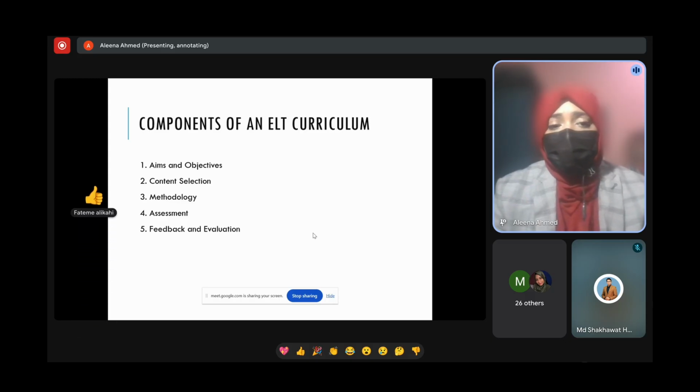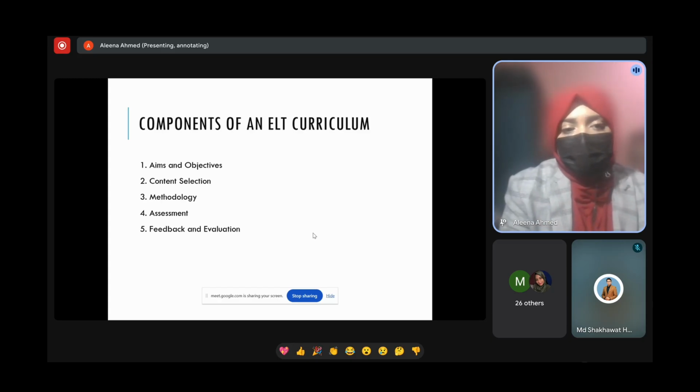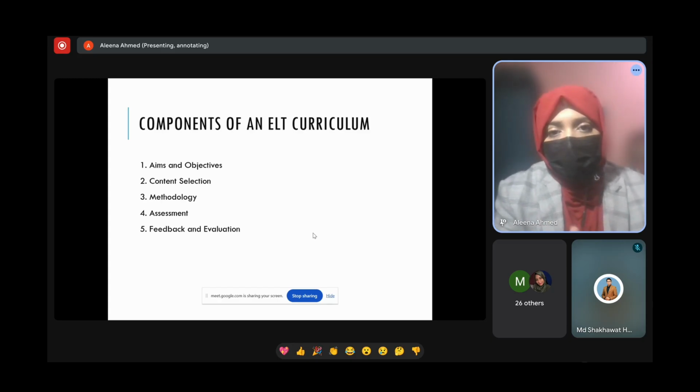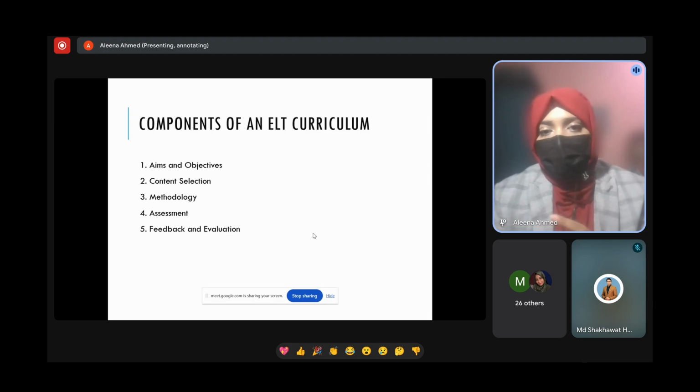So from aims and objectives to evaluation, this is what a curriculum decides, you know. It is also the curriculum that decides whether the students will just listen to the teacher and memorize things, and the same type of questions will come in the exam, and they will solve them and get the marks, right?